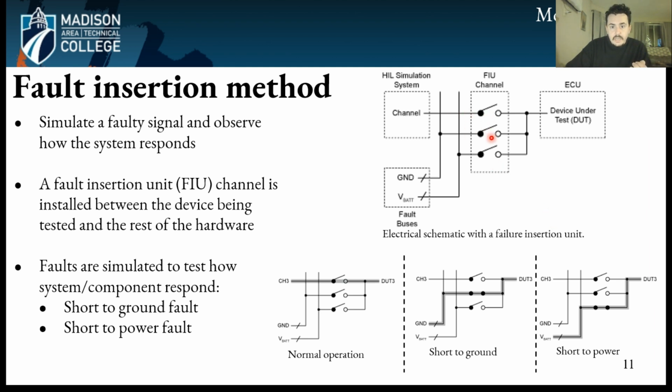So there's 3 gates, and you'll notice if the top gate is closed, we're working at normal operation or nominal conditions. If the center gate is closed, we simulate a short to ground. And if the bottom gate is closed, we simulate a short to power. And this is done in order to simulate how the system behaves when this fault is present.